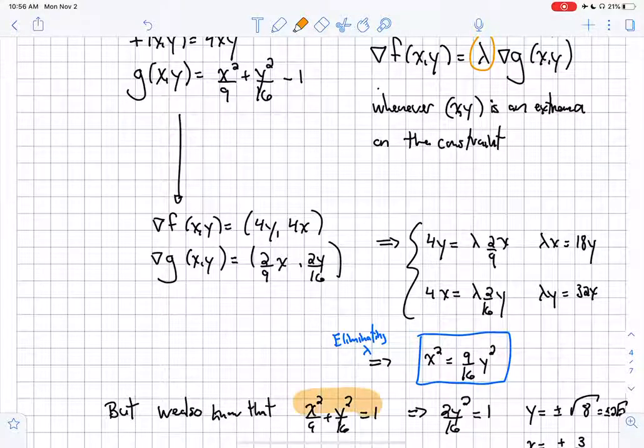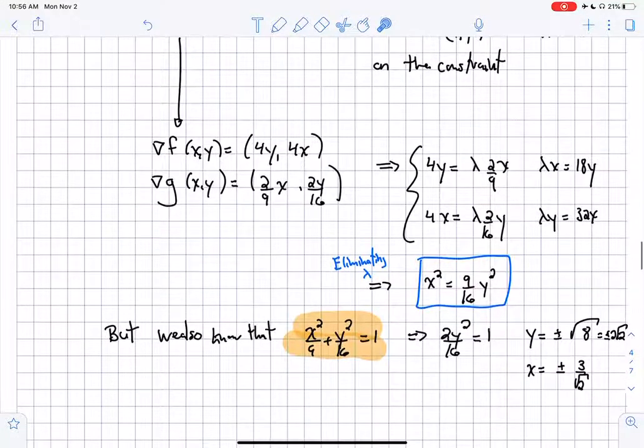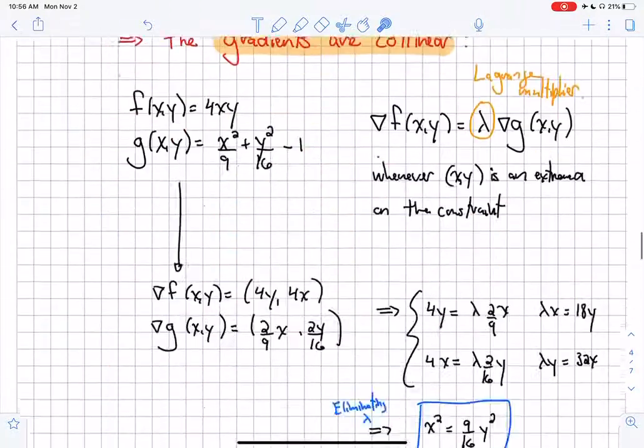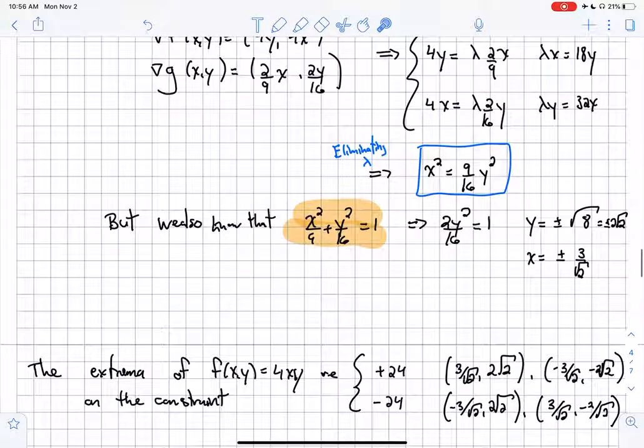We also know that x and y must lie on the ellipse, so x squared over 9 plus y squared over 16 equals 1. Then you do the algebra. I'll skip over it, but you get that y equals plus or minus 2 square root of 2, and x equals plus or minus 3 over square root of 2. All right? Good.